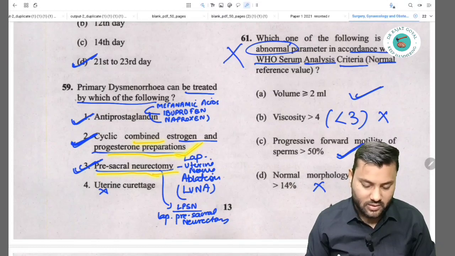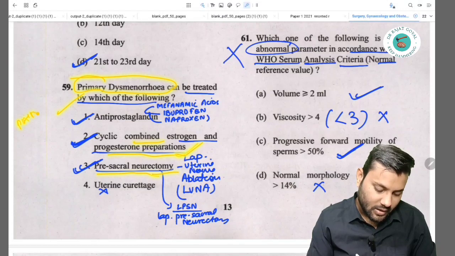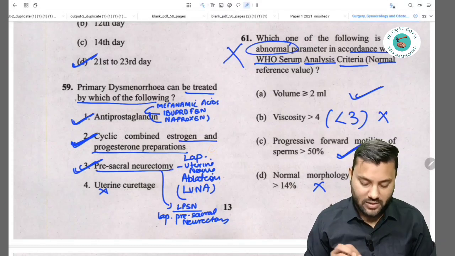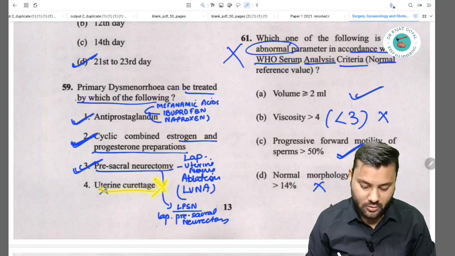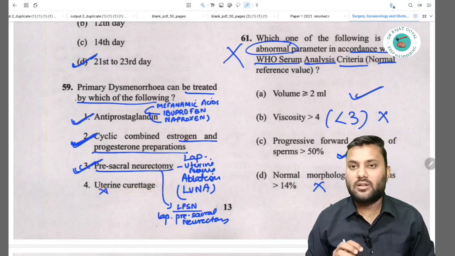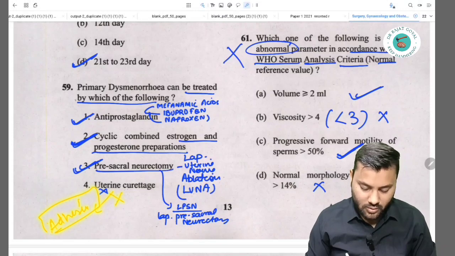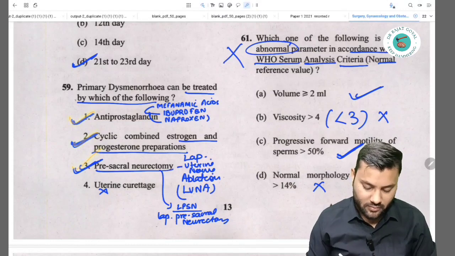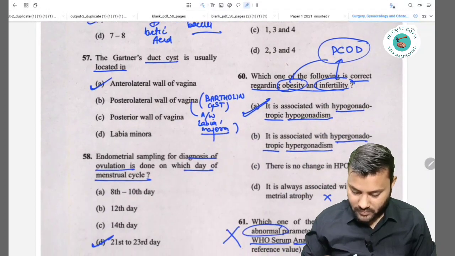Presacral neurectomy can be done if the condition is chronic or the pain is very severe and does not relieve with antiprostaglandins and combined oral contraceptive pills. And uterine curettage, no, we do not have to do it, because uterine curettage will lead to damage to the uterus, and it will also lead to the formation of adhesions. So we do not prefer this treatment. We can give 1, 2 and 3, but option 4 is incorrect. So the answer here will be 1, 2 and 3, option A.